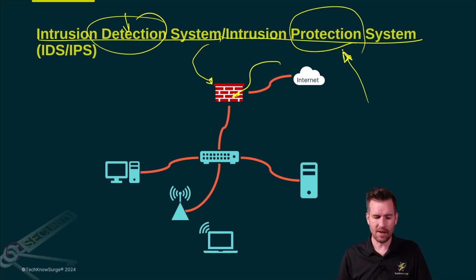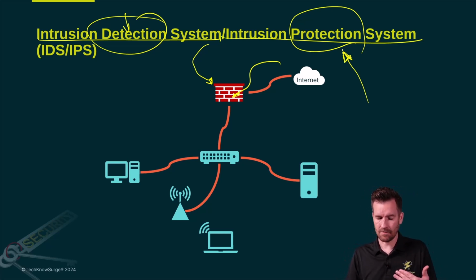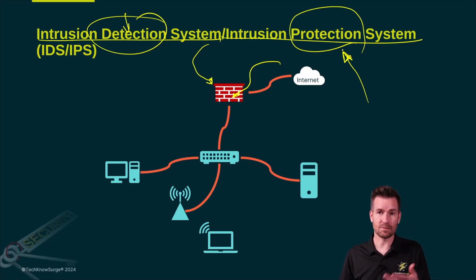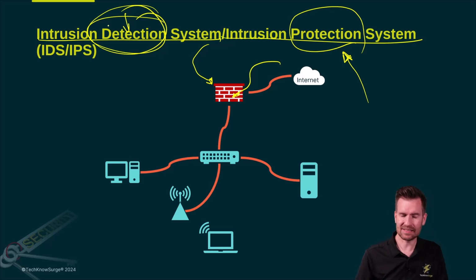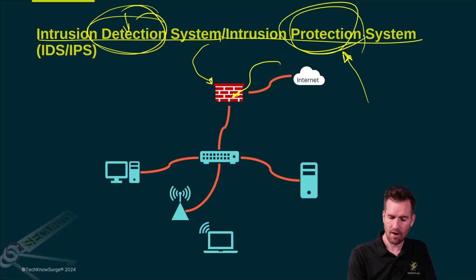An example is maybe you have this sitting in front of some web servers, and then it starts preventing certain traffic from accessing those web servers. That could be problematic if it's customers trying to reach your data. So a detection system will detect if there's some sort of malicious or suspicious activity happening, versus protection will actually take action against it.